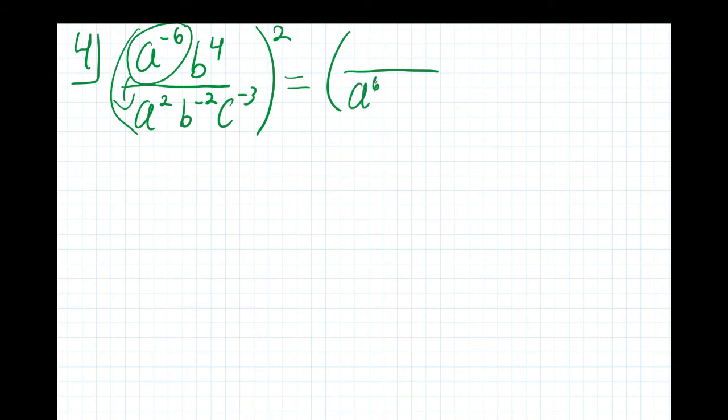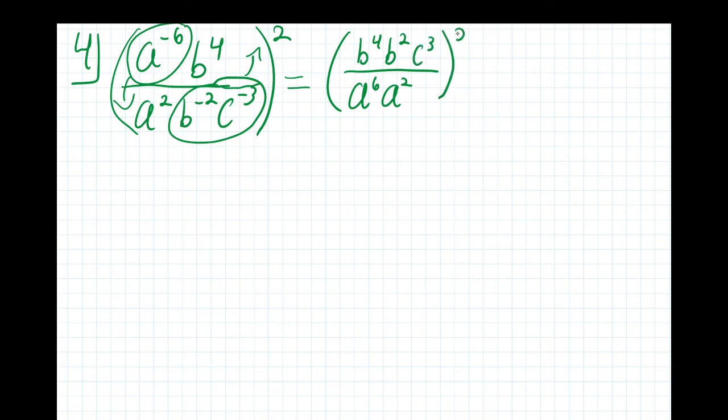So we're going to have a to the 6th times a squared with b to the 4th up top. b to the negative 2nd, c to the negative 3rd, since those are both negatives in your denominator, they're going to get moved up top. So it's b squared times c to the 3rd now. All the exponents become positive.